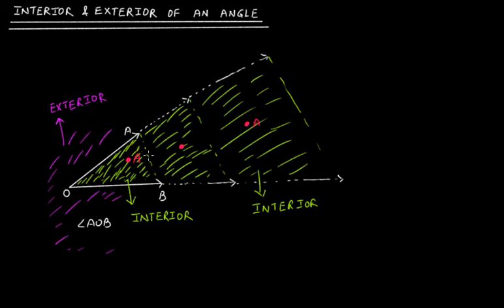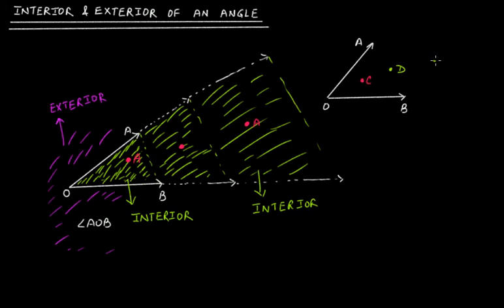Normally the way you will be asked is it will be a simple question, given to you in this way. A point will be given here, that's point A. Now if I take this one as A and this one as B, then let me take this point as C. So this point C will be in the interior, and even if I take a point D here, even this will be in the interior.